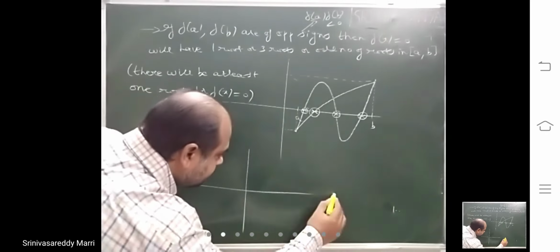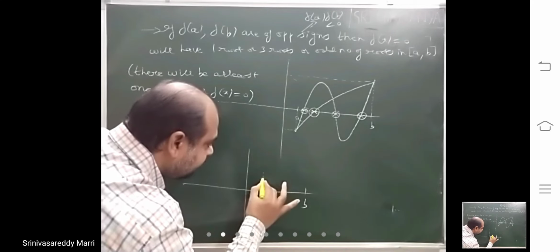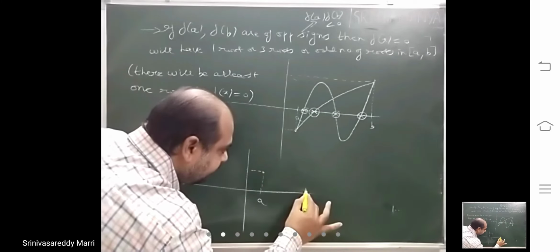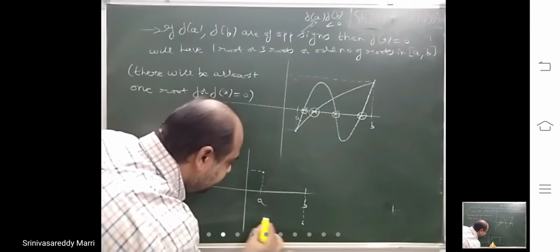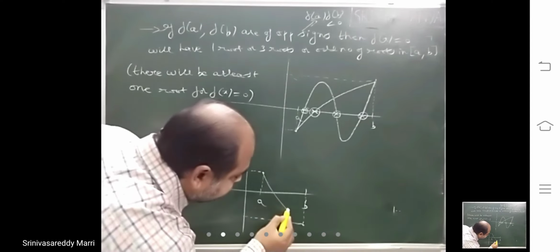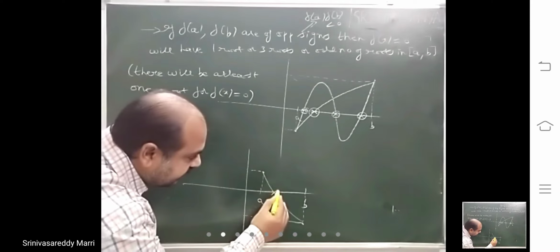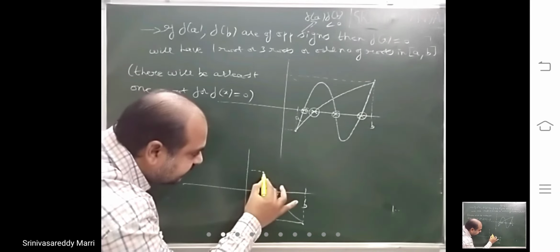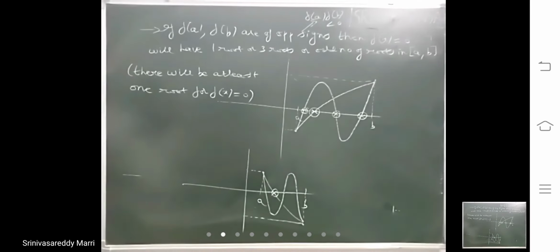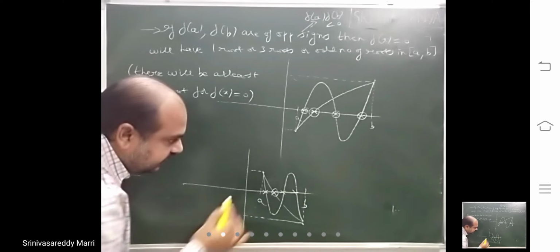Look, suppose f of a is positive, here f of b is negative. Look, there will be a minimum of one root if the graph is like this. Minimum one root, here it has cut. Suppose the graph is like this, look, I am drawing. How many roots are there? 1, 2, 3.